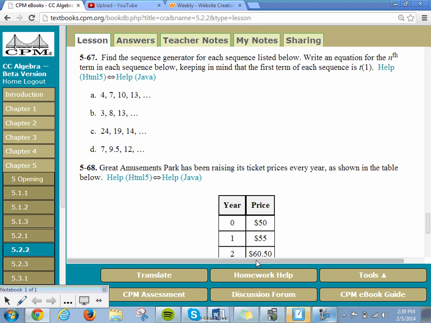So we need the generator, and we also need the equation. So in A, I'm going to look at 4, 7, 10. And so you can see that what we're doing each time is we are adding 3. So our generator is positive 3.